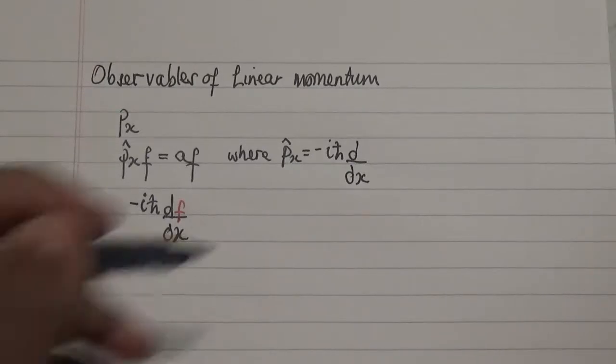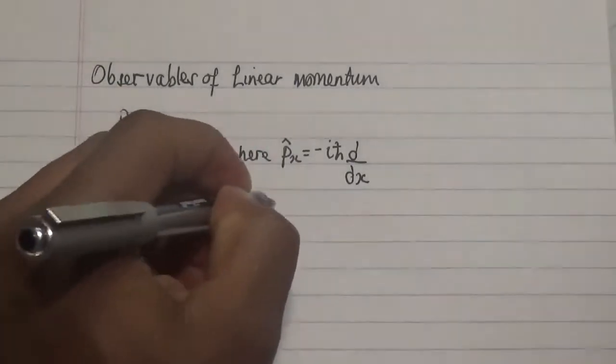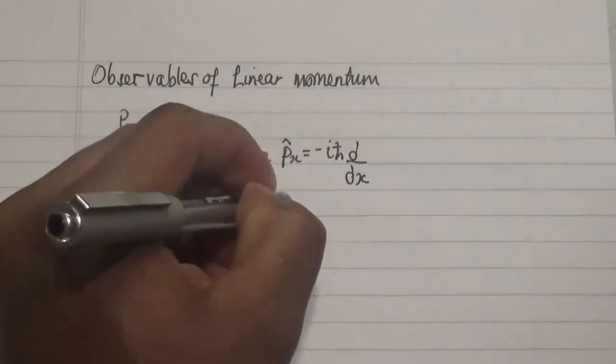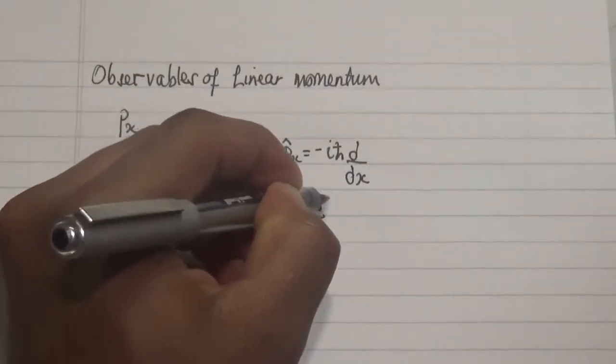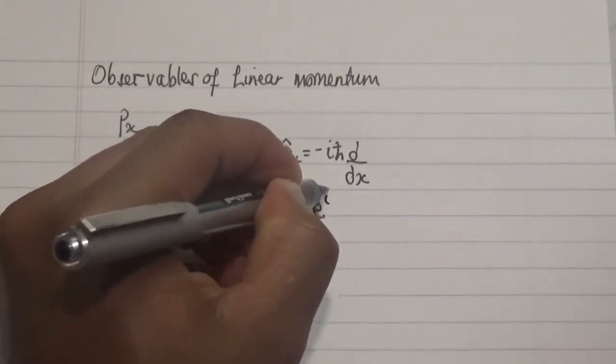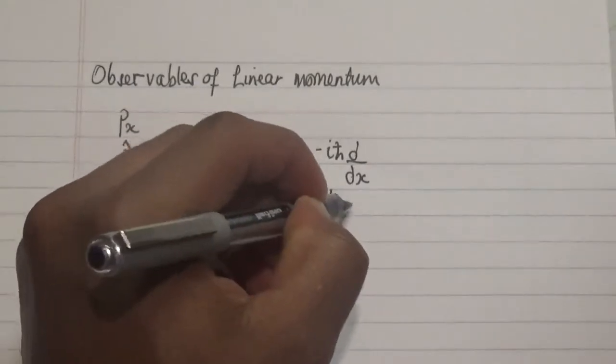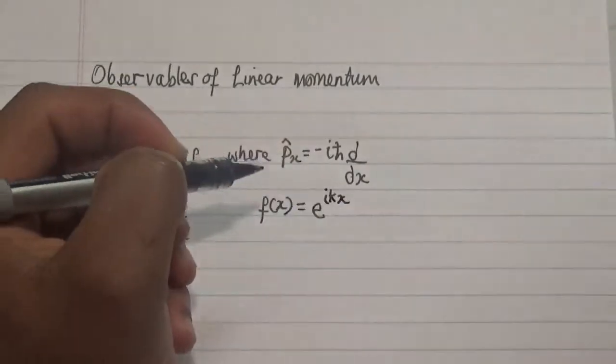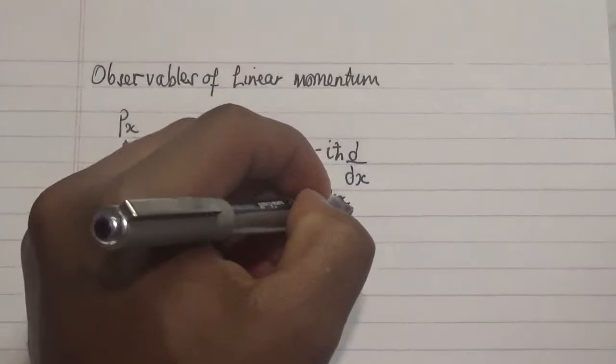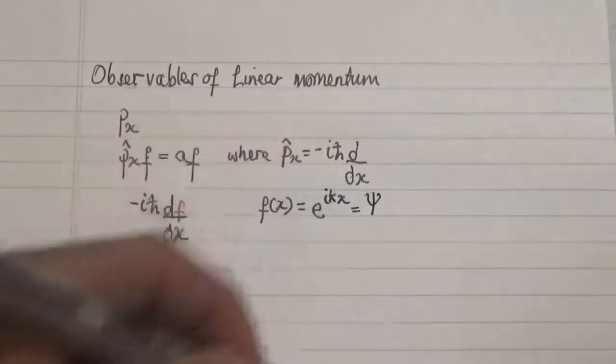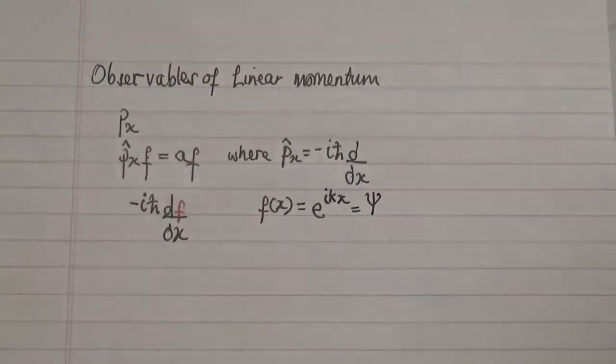Our f function is equal to e raised to the power of ikx. Sometimes this is also called our wave function. You don't need to put the wave function in there, but I put it just for courtesy reasons, so at least you are a little familiar with it.